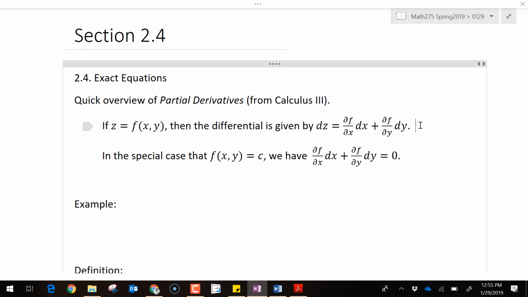So there's a special case where f of x y is equal to a constant. How could that be a special case? Well, it's a special case. Anybody take Calc 3? What does it mean when f of x y is equal to a constant? Can you think about that, what that means graphically?